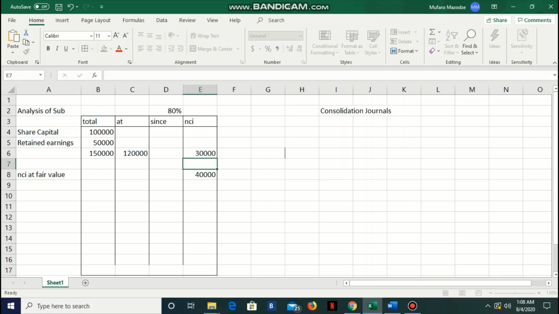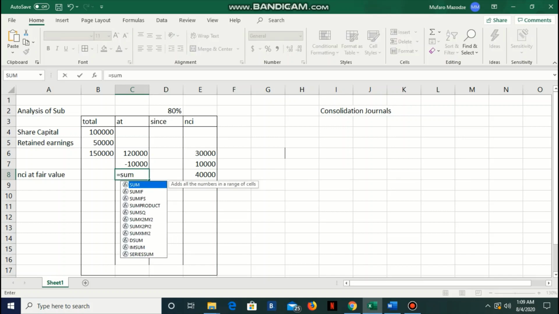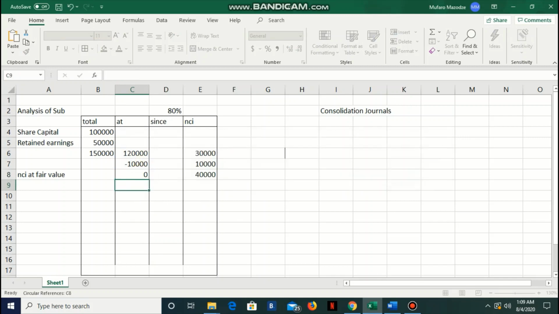Now this tells you that to bring NCI to fair value, you had to add 10,000 rand, and we actually subtract that 10,000 rand from the at acquisition. So that brings our at acquisition to 110,000 rand.